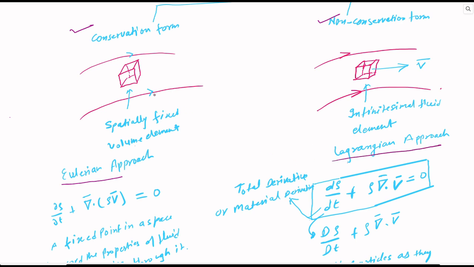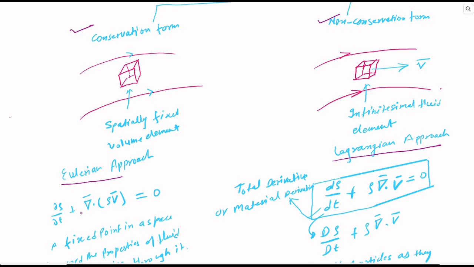In the Eulerian approach, we consider a fluid element at a fixed point. It is not moving with the flow. But in the Lagrangian approach, the fluid element is moving with the fluid flow, in the direction of flow.